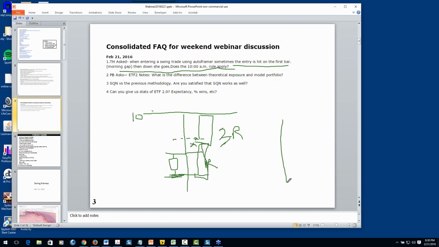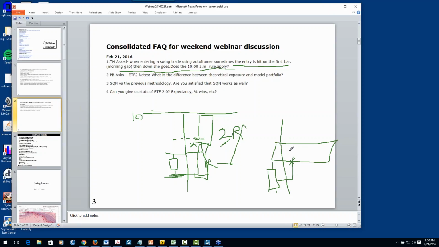So what you'll see that gives you is there's like an entry box that says if it opens inside yesterday's range and starts moving up, so here's yesterday's range. If it opens inside yesterday's range and goes up, I can buy it 5 cents above. I can buy it right here.